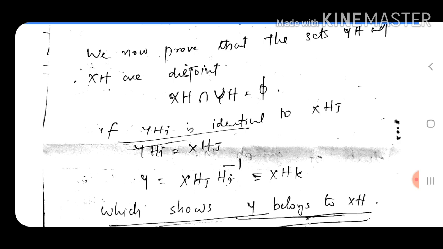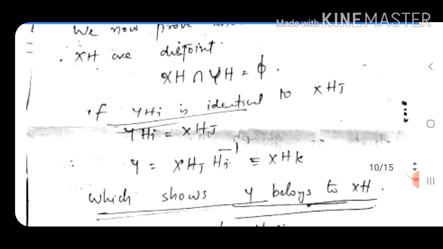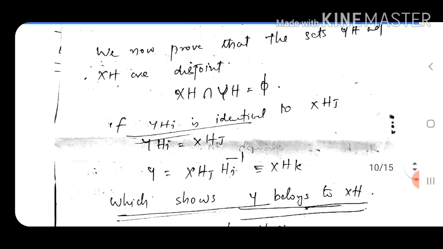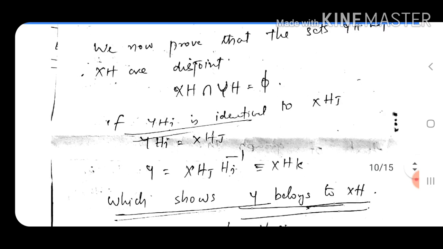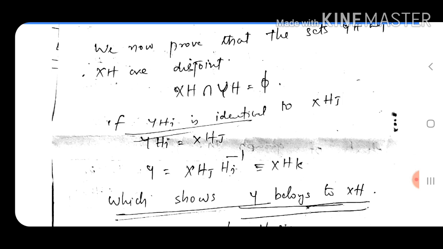So for proving this, we start from a contrary hypothesis. Suppose that one element of YH is identical to an element in XH. So YHi is equal to XHj.